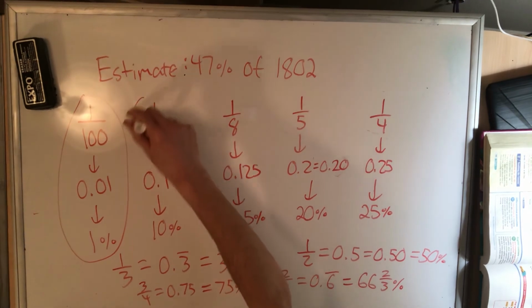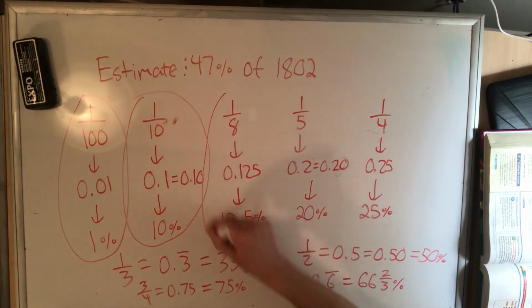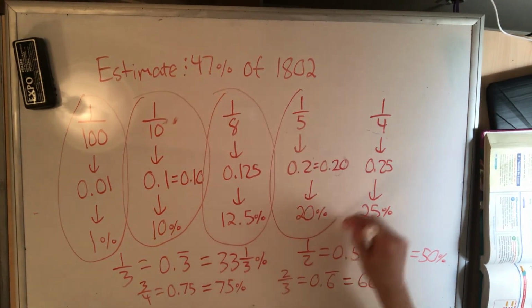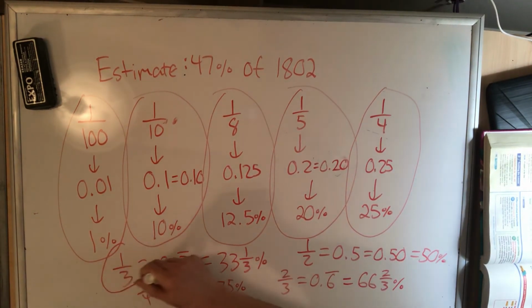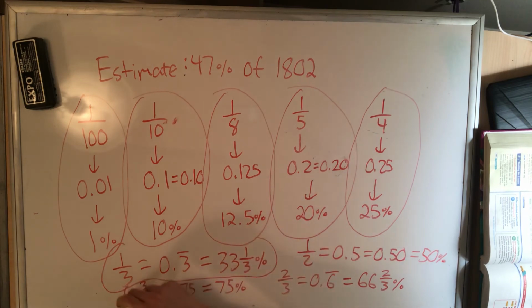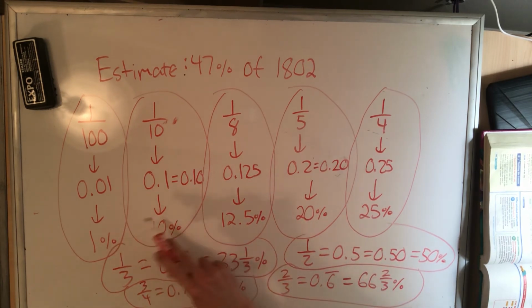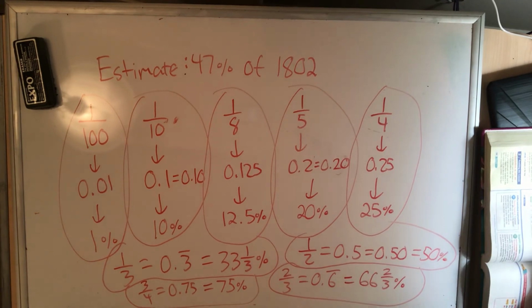I'm just trying to make sure it's nicely organized here. I think the circles may help a little bit with that. So yeah, memorize these 1, 2, 3, 4, 5, 6, 7, 8, 9 basic fraction decimal percent conversions.